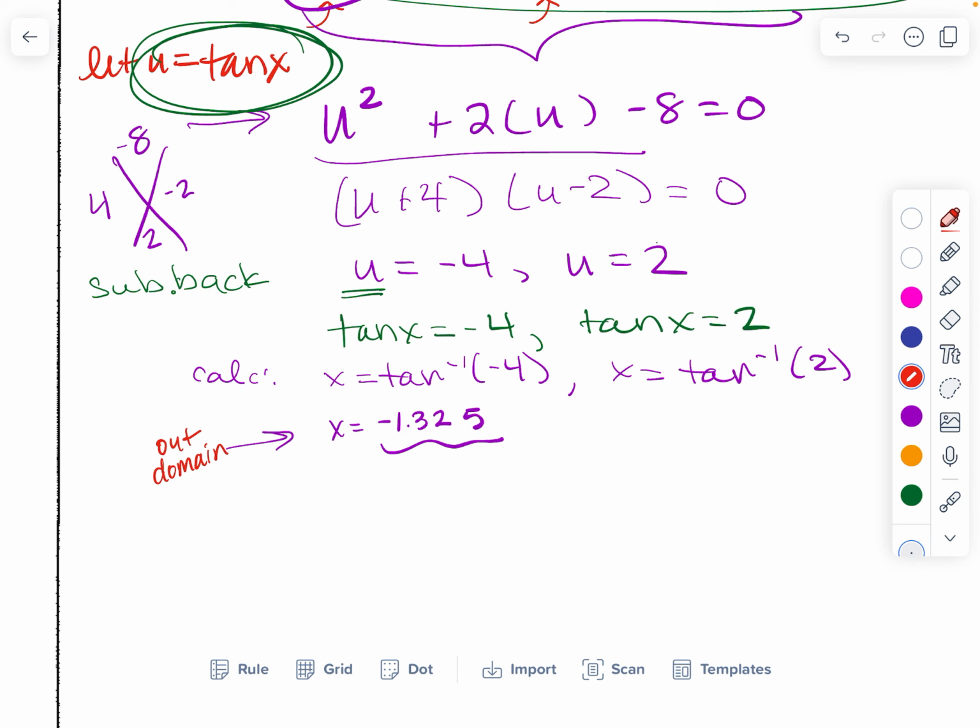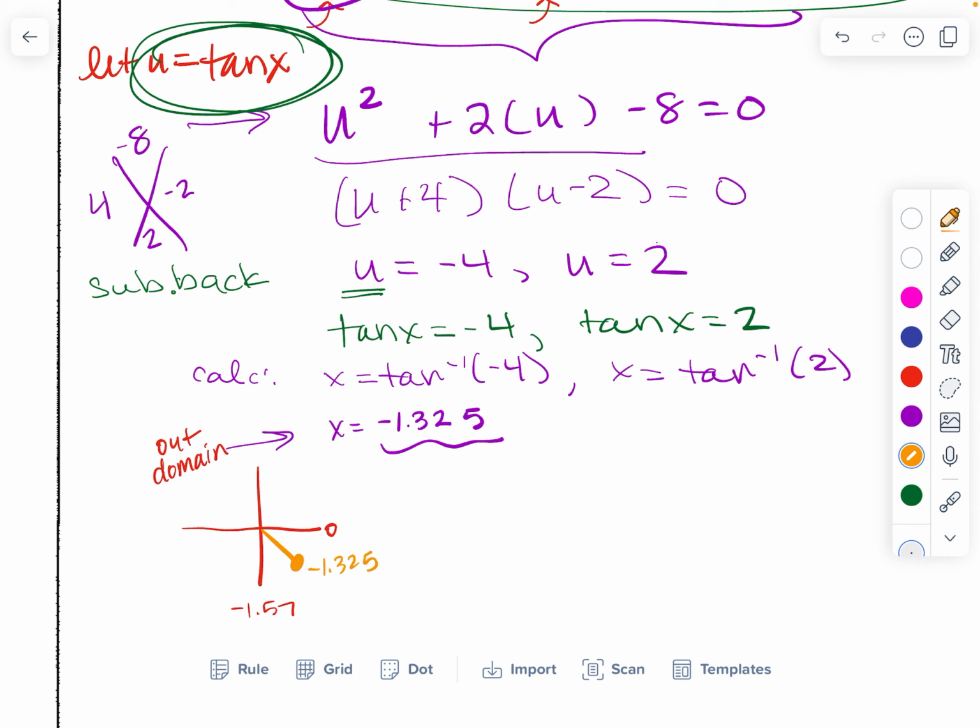So if we look at this circle, we know if this is 0, and we'll say negative 1.57 is here, we know that negative 1.325 would be here. So how can I say this location in a positive value?